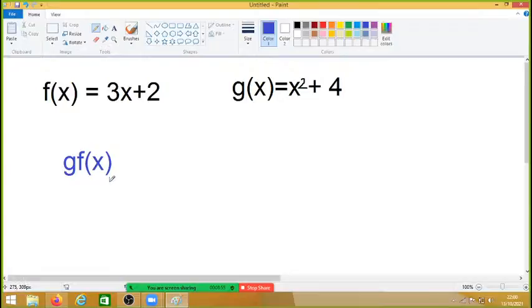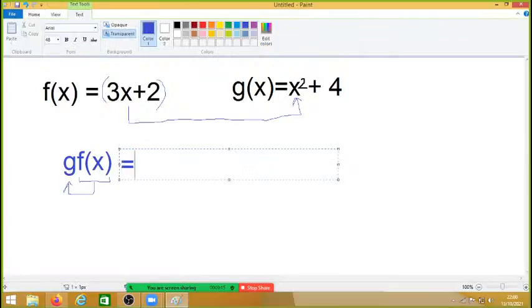Reading it backwards, you've got f of x, so that's your focus, 3x plus 2. Try and put brackets around that. And we're putting that whole thing into the g function. So take that whole thing in your mind and put it exactly where a number would go, which is where the x is. See if you can write the first line before me in the chat window.